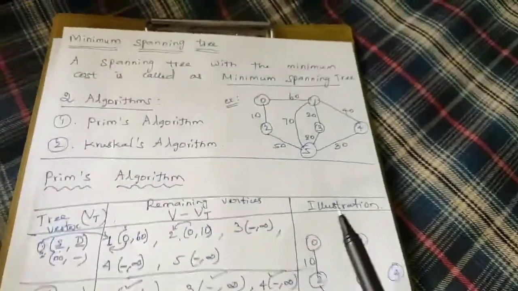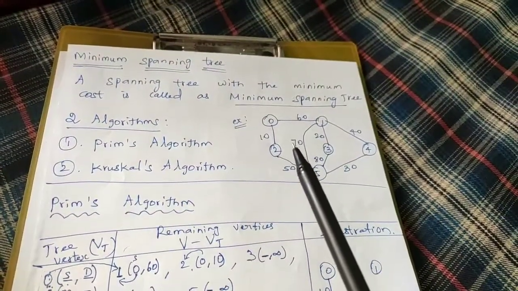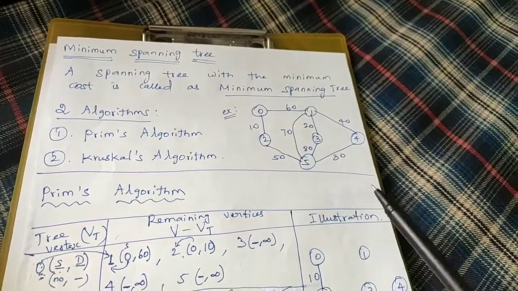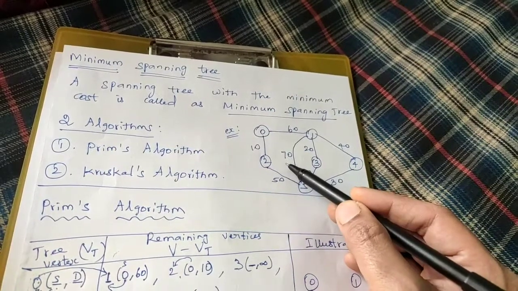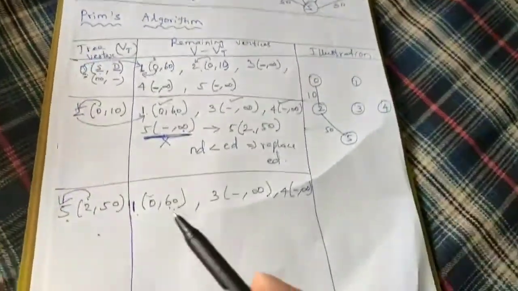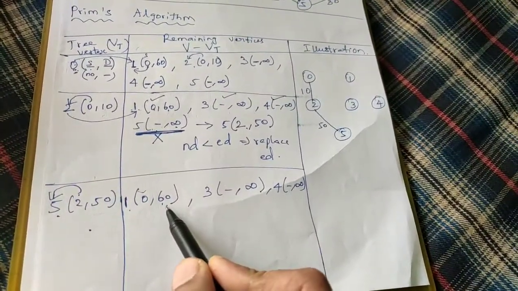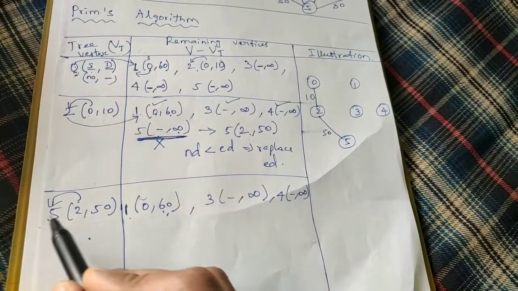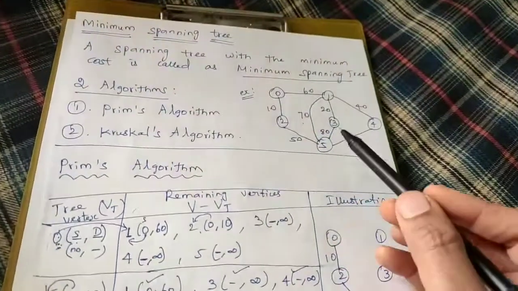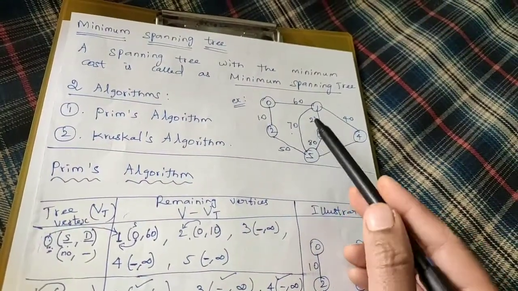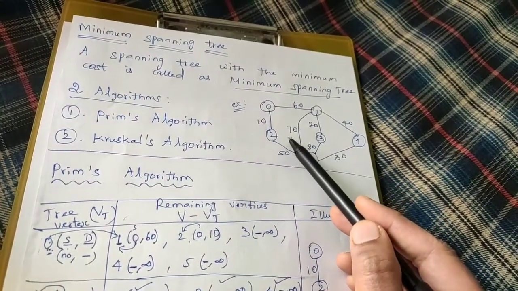Now let us go to the graph. 5 to 1 I have a link. But what is the value I have? 70. Is 70 less than the existing distance? No. 5 to 1 I will be able to visit, but the distance from 5 to 1 is 70.